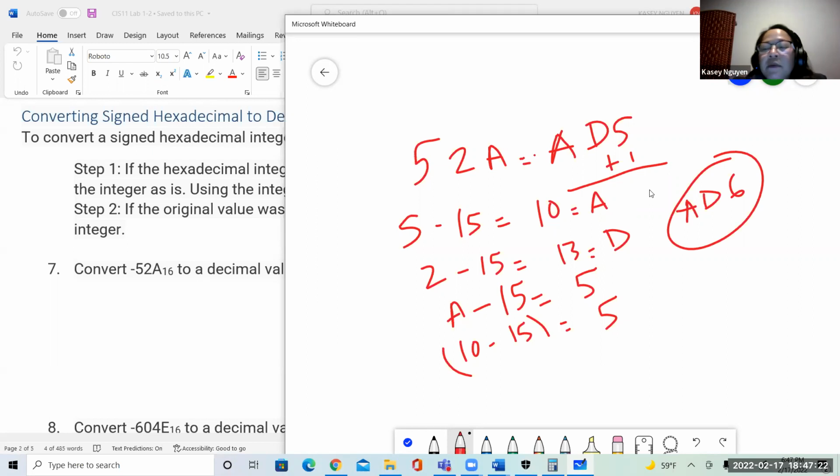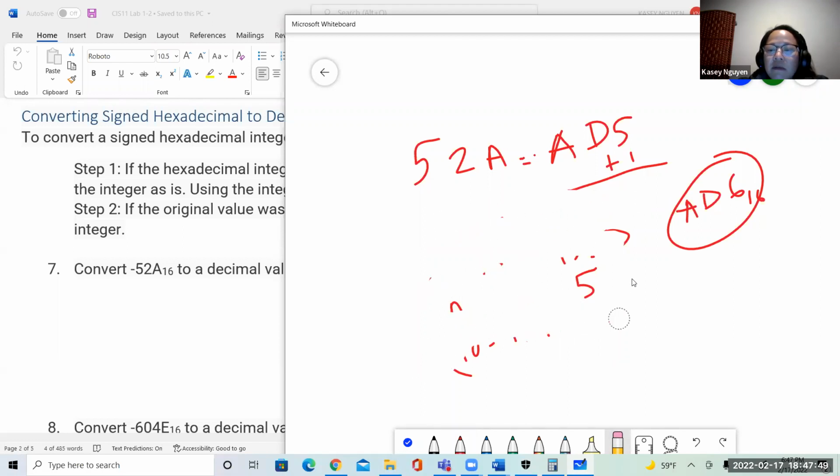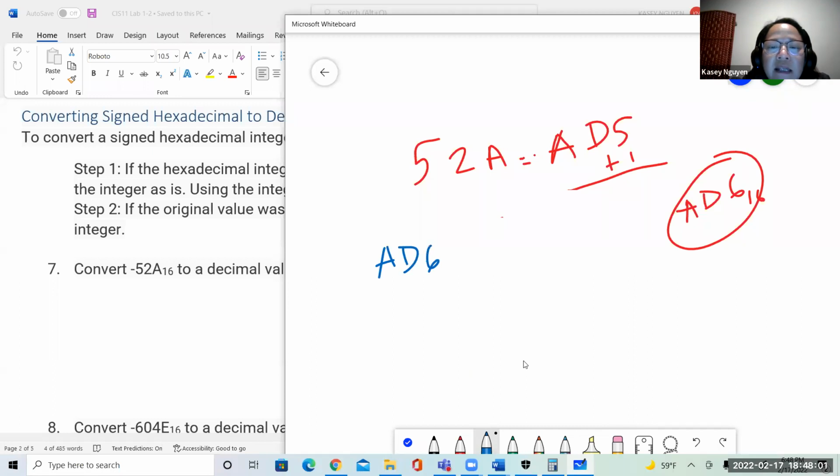Then after this, what we're going to do is we are going to take this and do the multiplication because it is base 16. So we're going to multiply it by 16 to the power of n for each of the digits, and we are going to add it. So I'm going to erase this part so I can continue. So now we have AD6 in base 16, and we want to make it into a decimal.